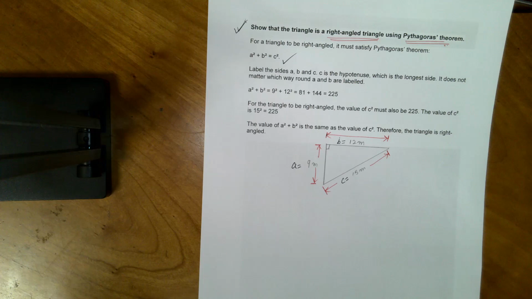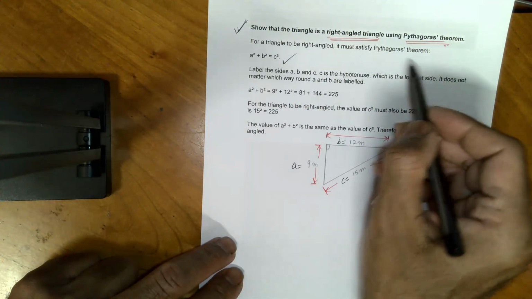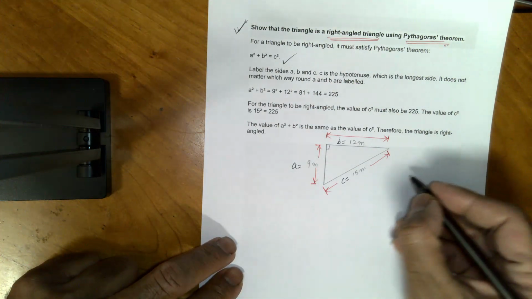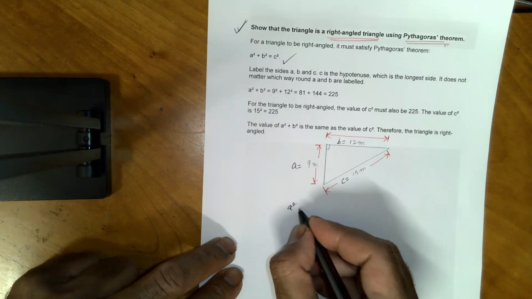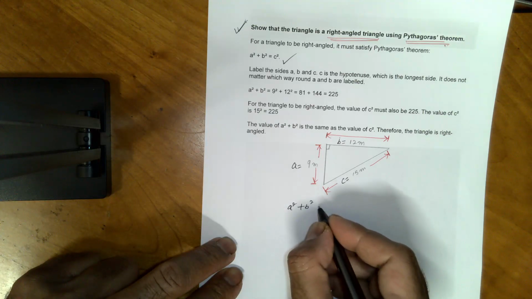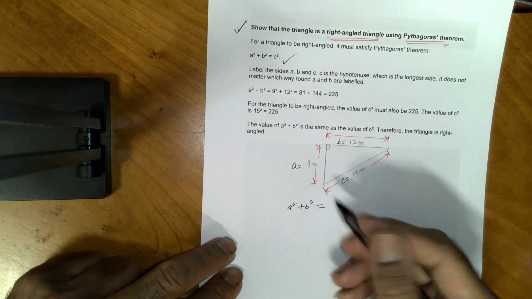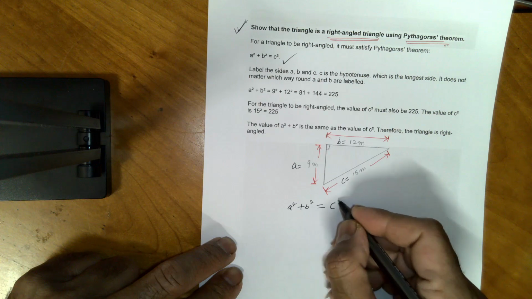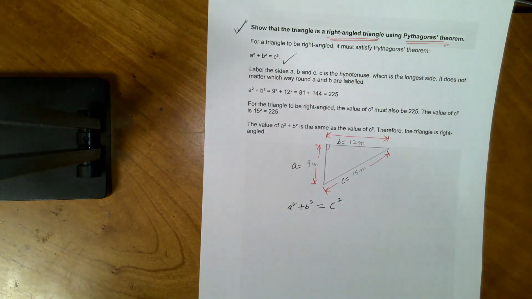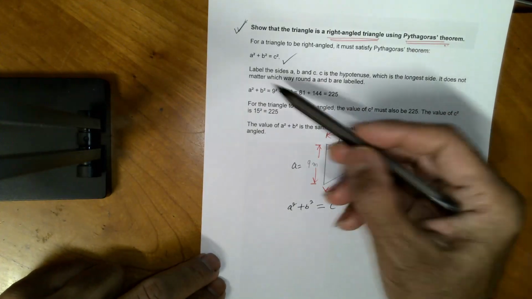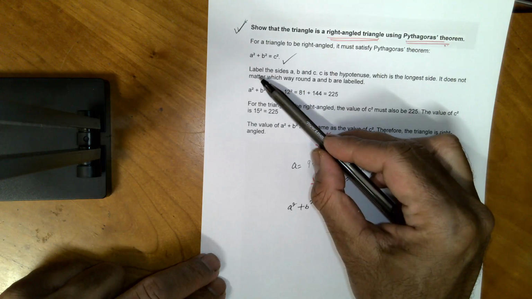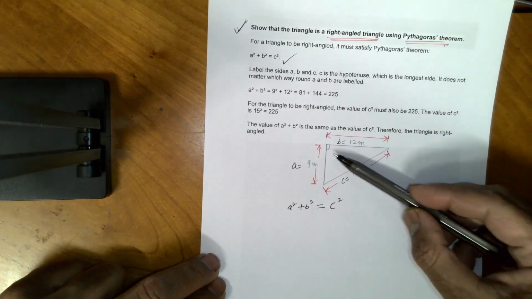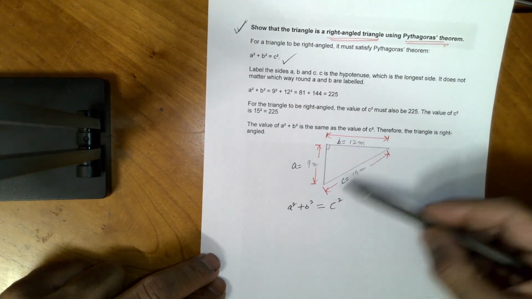So you need to satisfy that. So how will we do that? We have to show this by this equation. So here I have already written for you that label the sides A, B, C.